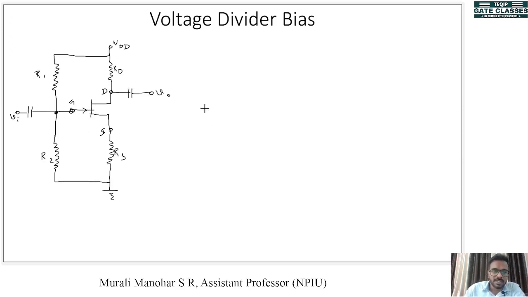Now we can draw the DC equivalent. Again we will be removing the capacitors, and the DC equivalent will look like this. Now we can draw the resistors like this.